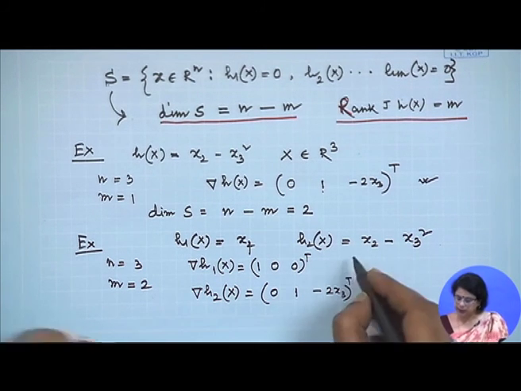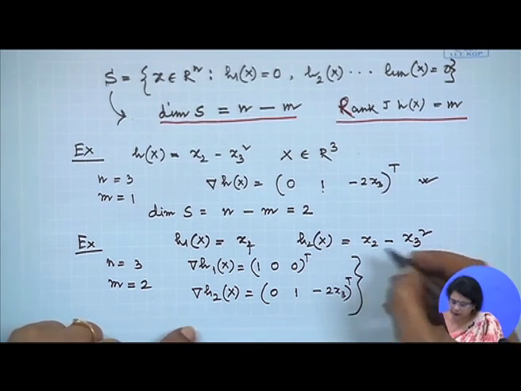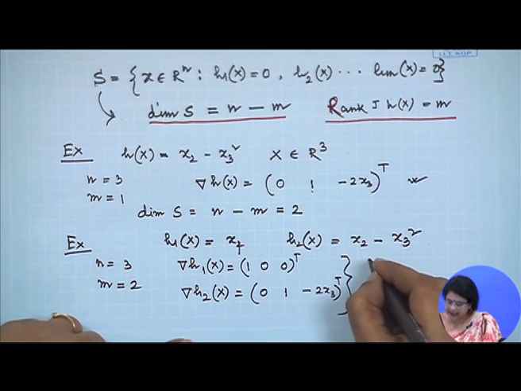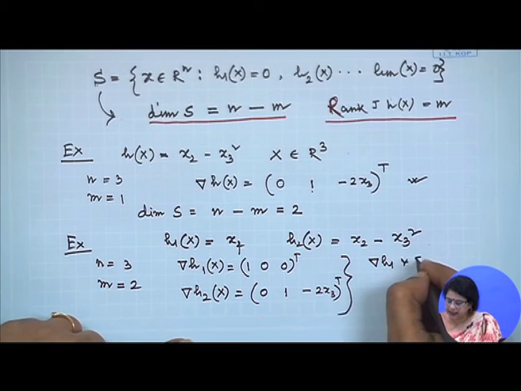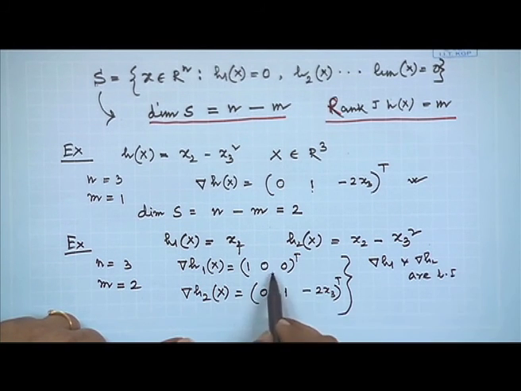First of all, we have to say that this is a regular point. If we can say that grad of h1 and grad of h2 are linearly independent, then only this is the regular point. That we can prove very easily from here, that both are linearly independent.